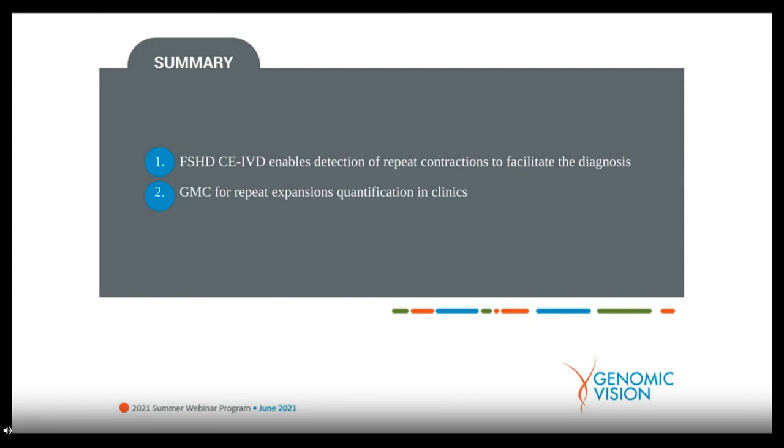It's a rare disease and our GMC enables the detection of repeat contractions to facilitate the diagnosis for patients, while in the second case, we use the GMC to see the repeat expansions and quantify these expansions in specific patients suffering from a disease called FAM3.